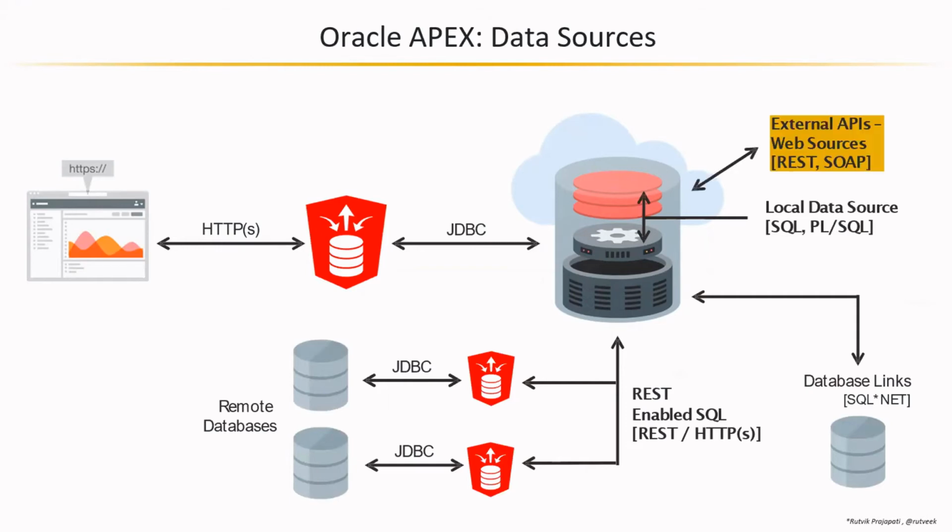And then the third data source is external APIs, which is our interest today, right? We can directly get the data from the REST API, and we can create different Apex components on top of that data.